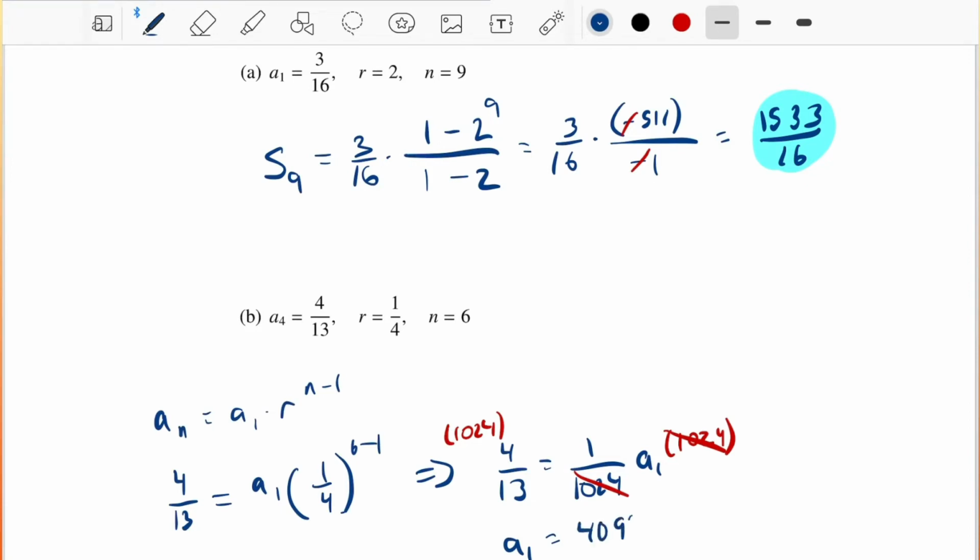Okay, so now that you have a sub 1, you can find the partial sum of the first 6 terms using the formula. So let's do that now.